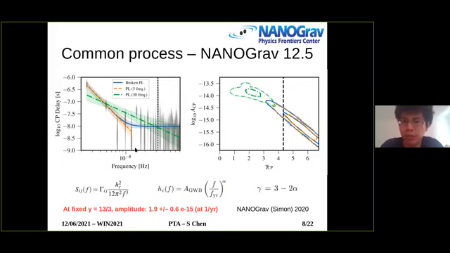And that's the common process that we've seen in the NANOGrav 12.5 data set. This translates into a power law that you can model here on the right with the spectral index and the amplitude. And here are some equations that relate these terms to the characteristic strain of gravitational waves. And if you fix the spectral index at this dashed line here, which is 13 thirds, which corresponds to circular massive black holes, you can find an amplitude of about 2 times 10 to the minus 15.